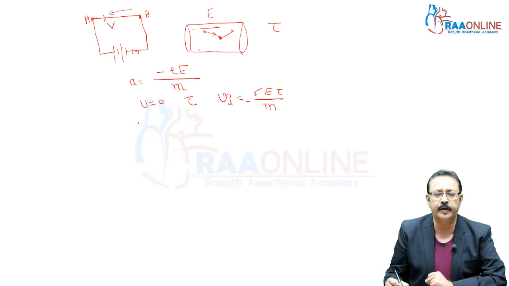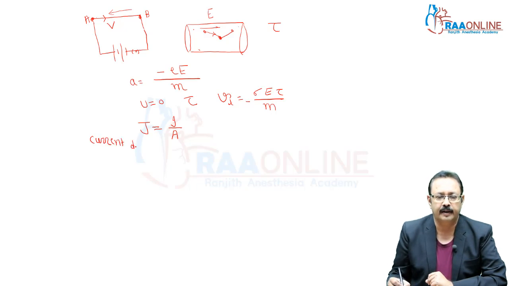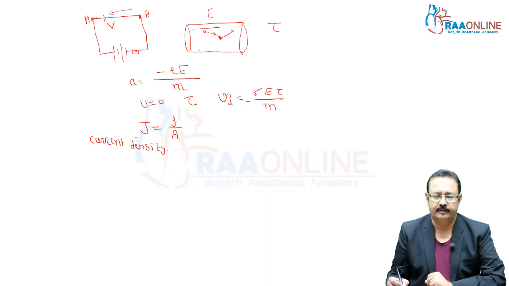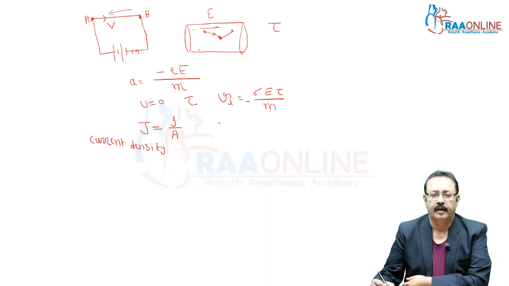And current per unit area is known as current density. And you can also calculate current by the rate of flow of charge.